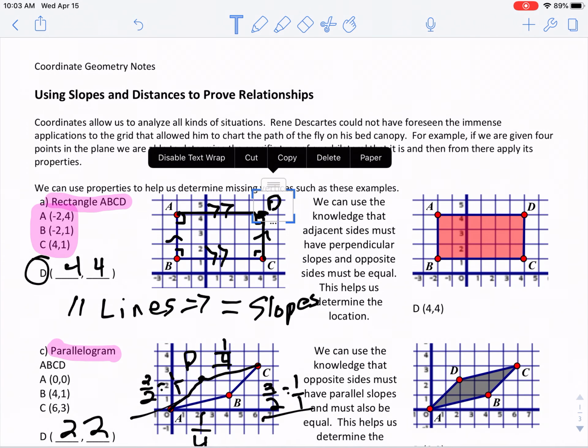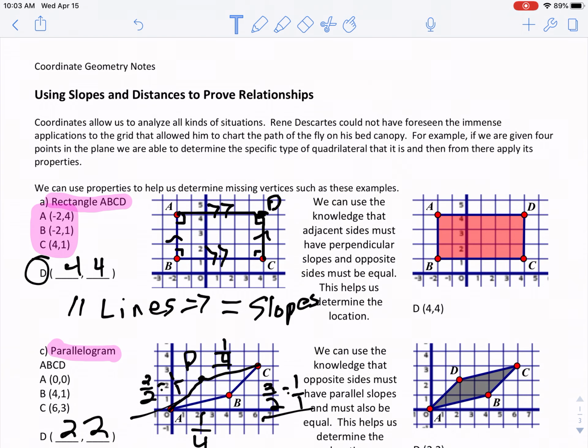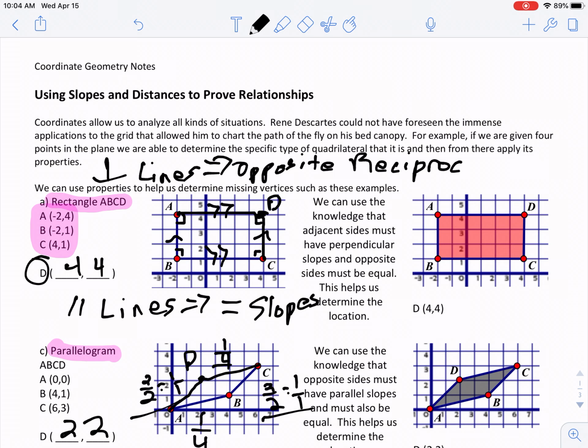For a rectangle, I also had to have right angles. When it forms right angles, that's what we're looking at as perpendicular lines, which remember have opposite reciprocal slopes, meaning that one's positive, one's negative, and their fractions are what we call inverses or reciprocals, meaning that the fraction is flipped.